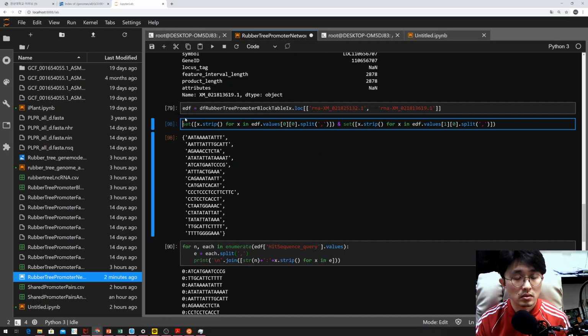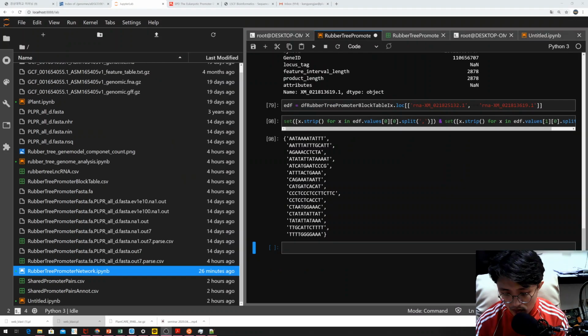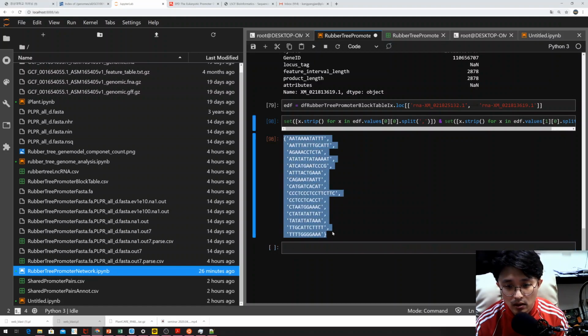So we don't know which one has the exact function. However, maybe we can find a certain database of these promoter sequences. Hold on. So actually, I was trying to find whether this sequence block is really a promoter block or not.